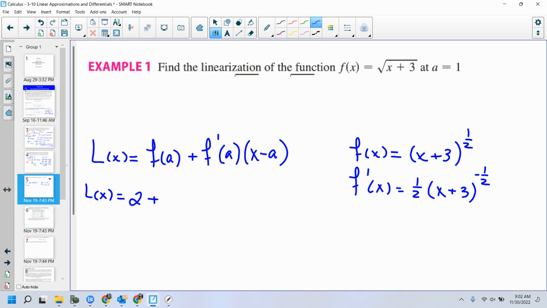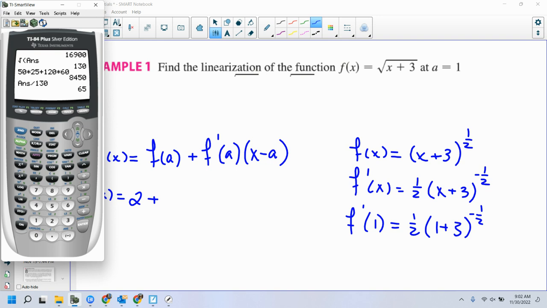Honestly, plug it in now. Who cares, right? I'm not asking you to provide me with the derivative. I'm asking you to provide me with the derivative at 1. So f prime of 1 is 1/2 times 1 plus 3 to the negative 1/2 power. I mean, yeah, you could put it as a fraction, but doesn't your calculator do negative exponents?